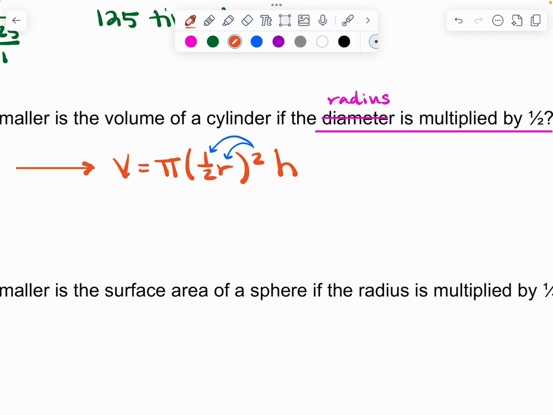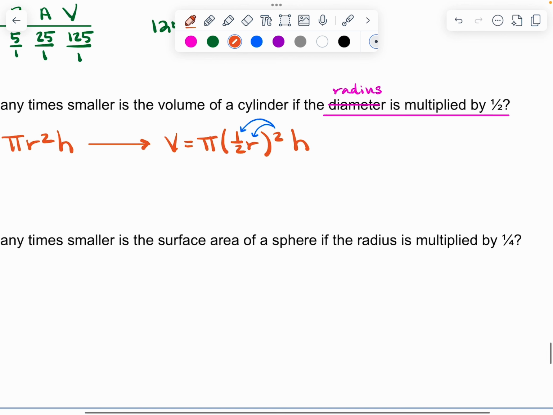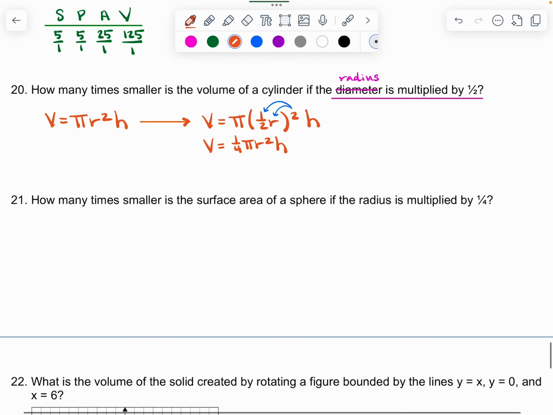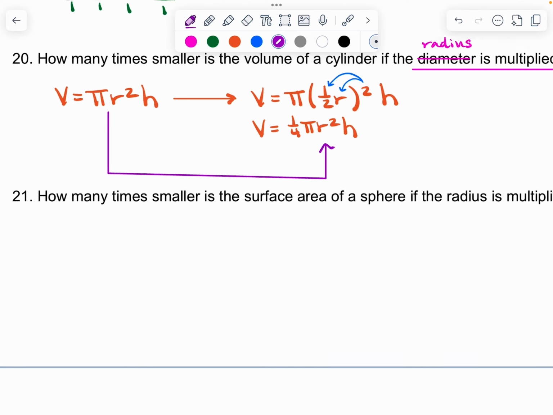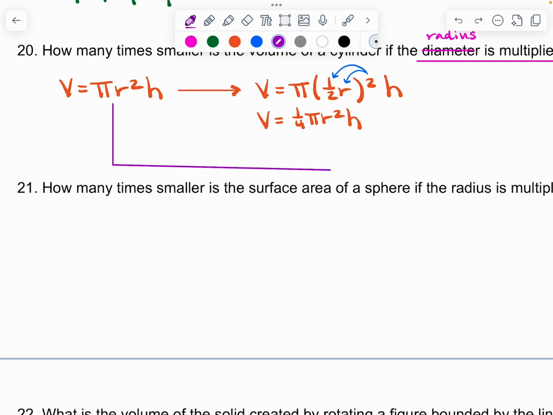If you want to do this in your head, you have to recognize that because the radius is getting squared in this formula, the effect on the radius must also get squared. So that's going to give me 1/4 pi r squared h. And then you're just doing that comparison from pi r squared h to 1/4 pi r squared h.